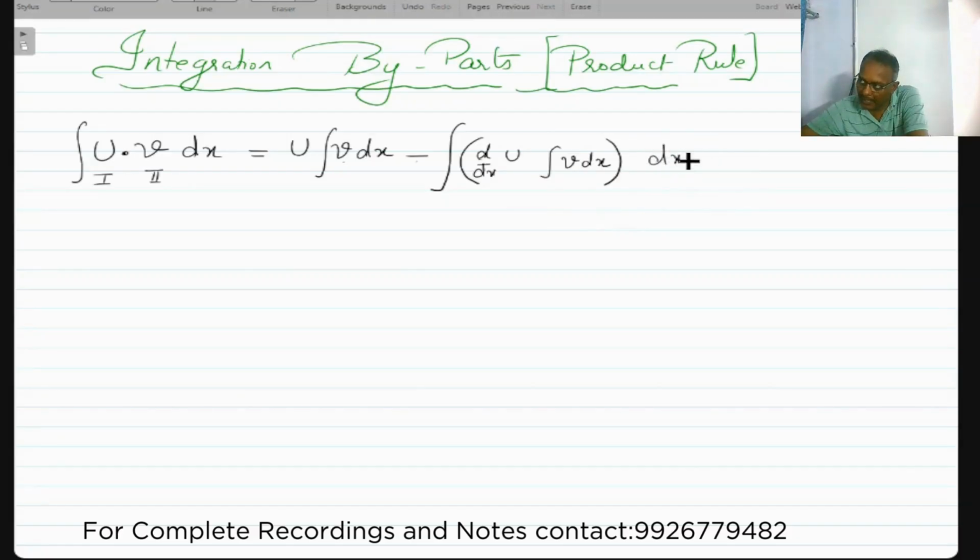dx plus c. तो मैं इस चीज में कंफ्यूज हो जाता हूं, तो I just found a way out. I learned this statement nicely. What is that statement?